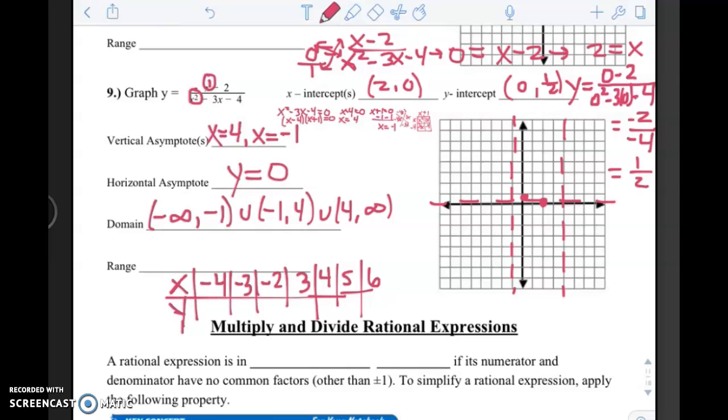So if you plug -4 into the original function, you'll get -6 in the top, so -6 over 24, so that's -1/4.